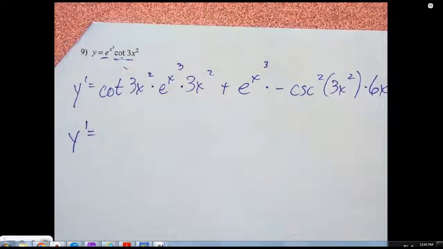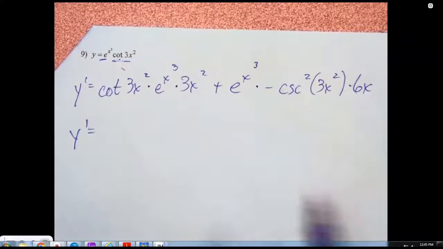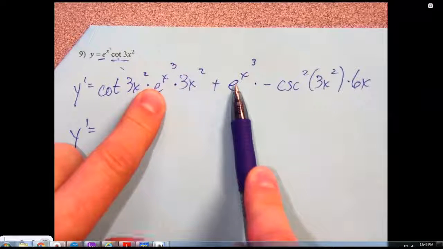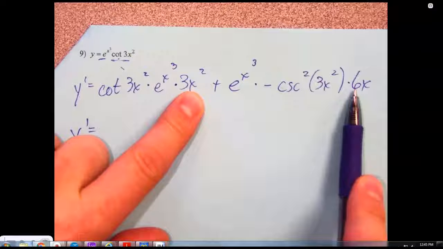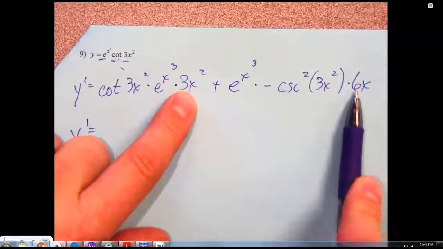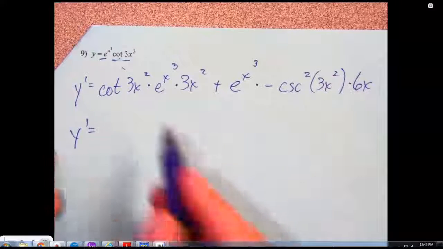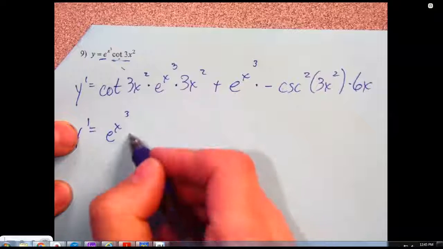And that's your derivative, but we can't have two terms. So again, we're going to look for chunks to take out. This is kind of similar to the last one. I for sure can take the e to the x to the third, and then you may or may not have taken the 3x with it. If you look at these two, you could take a 3x out. I'm going to do them both, but if you just did the e to the x to the third, it's okay. So I pulled out e to the x to the third and the 3x.